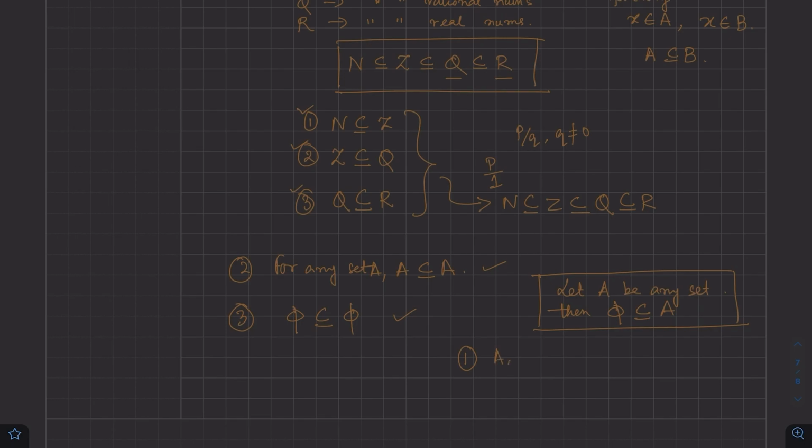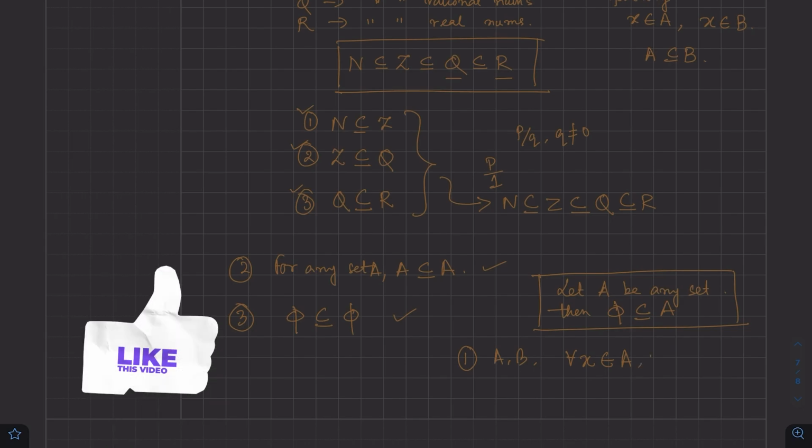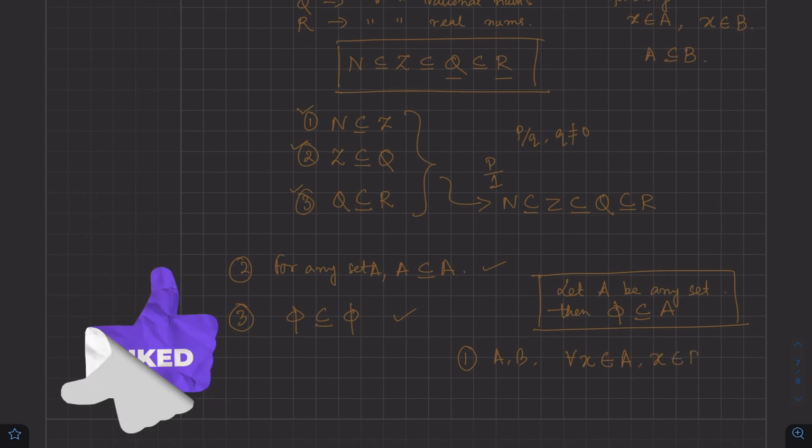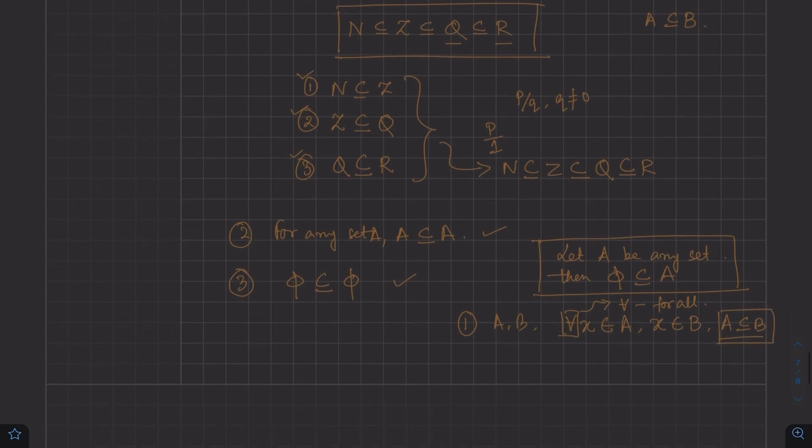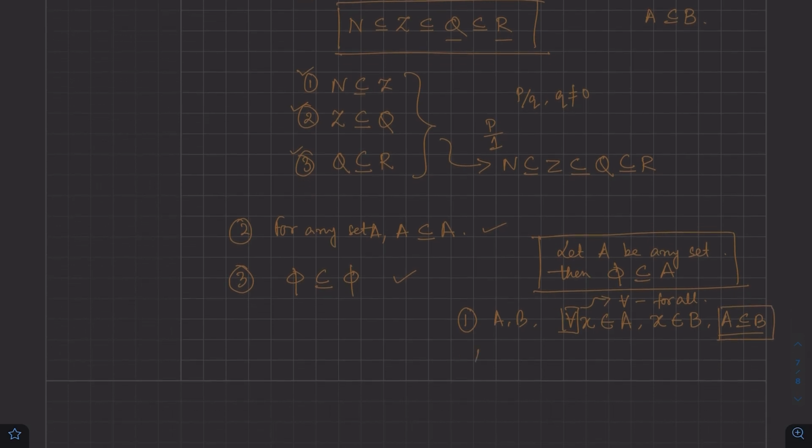You have two sets, A and B, and for all x which is an element of A, that x is also an element of B, we say that A is a subset of B. I have used a very shorthand notation here. This symbol means for all.